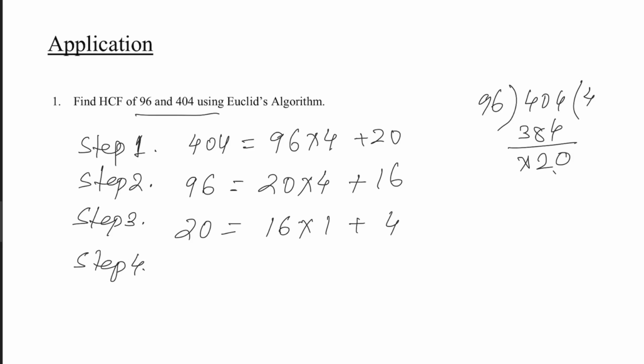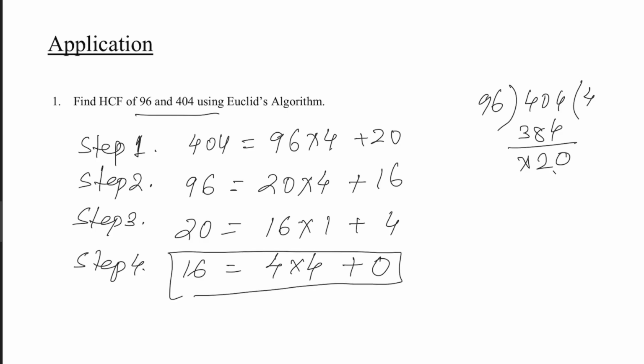In step 4, 16 is divided by 4. 4 fours are 16 plus 0. So in this step we can see that the remainder is 0. These all are remainders, and in this step the remainder is 0.